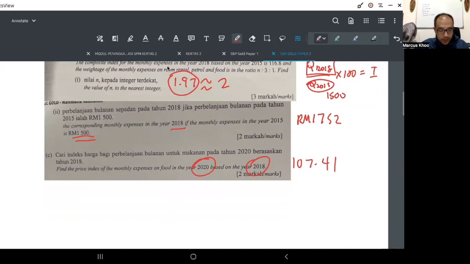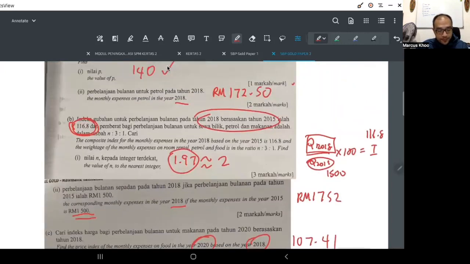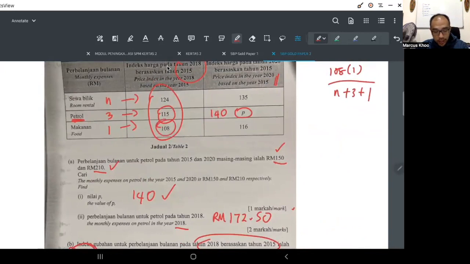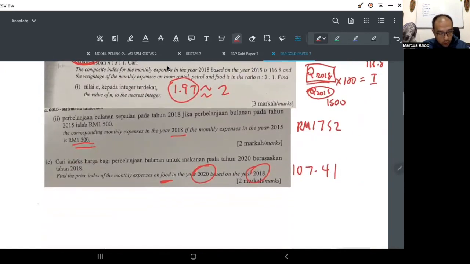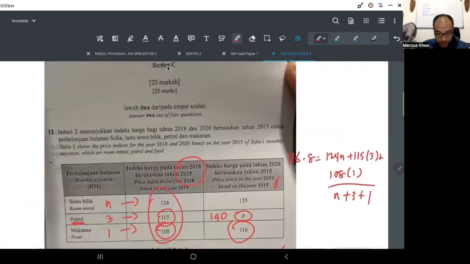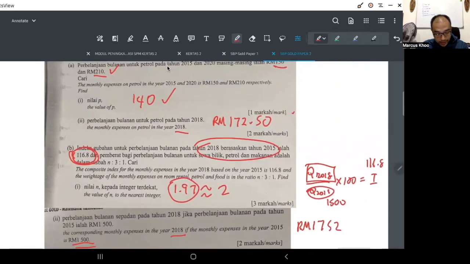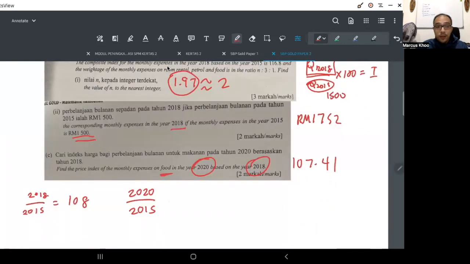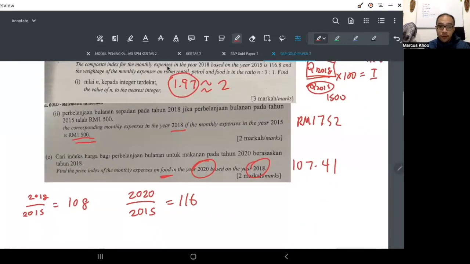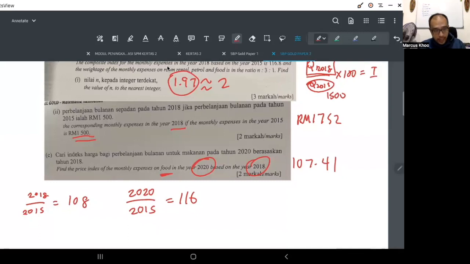So we're talking about food. Food is here, 108 and 116. So 2018 based on 2015 is 108, and then 2020 based on 2015 is 116. The question is asking for 2020 based on 2018.